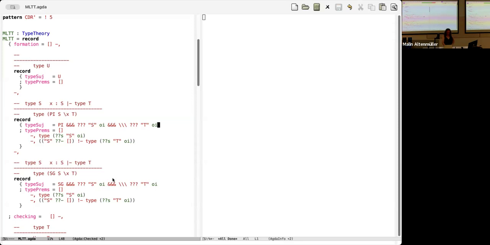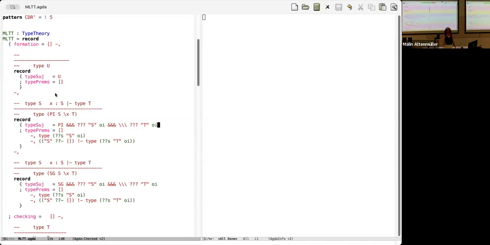Okay, and I'm not expecting what's actually written to make a great deal of sense, which is one reason why I've got comments which hopefully present the rules slightly more legibly. But yeah, to give a type theory, I have to say, what are the type formation rules?